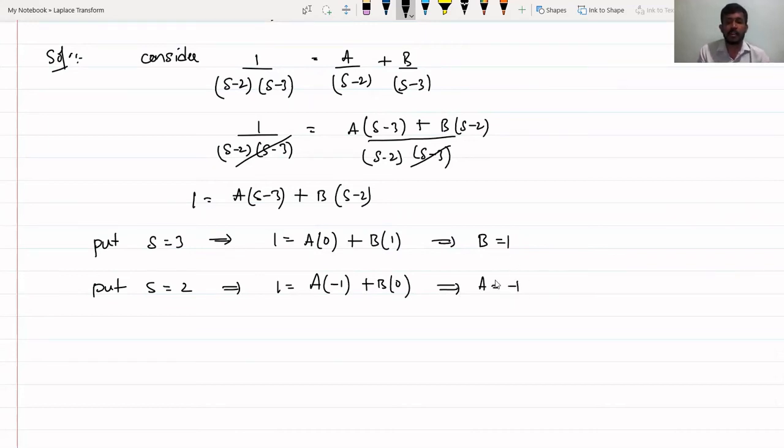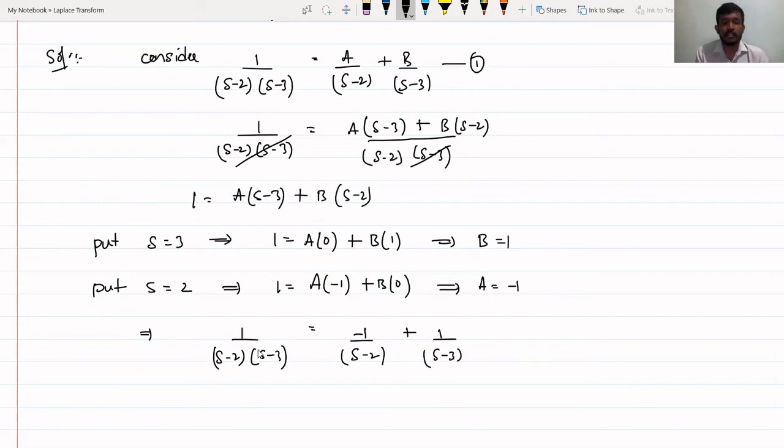Now I substitute the values of A and B in equation number 1. This implies 1 upon s minus 2 into s minus 3 equals minus 1 by s minus 2 plus 1 by s minus 3. Since our intention is to find the inverse transformation, I take the inverse on both sides.